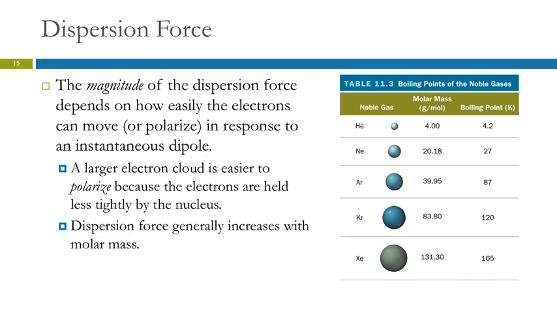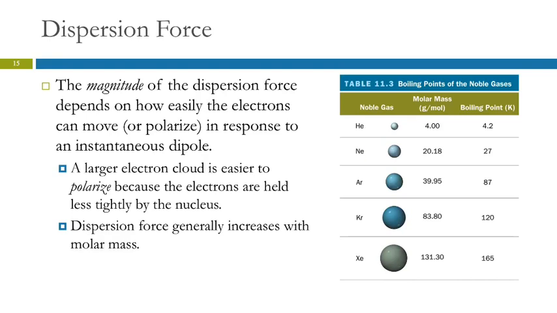And this correlates with atomic mass, because when we have a larger electron cloud, it's easier to polarize because the electrons in those higher energy levels are farther away from the nucleus. And so they're more loosely held. I think of these larger atoms like xenon as just being kind of large and flabby, right? They're big and flabby, and then here's helium, and he's little and he's just really tight and firm.